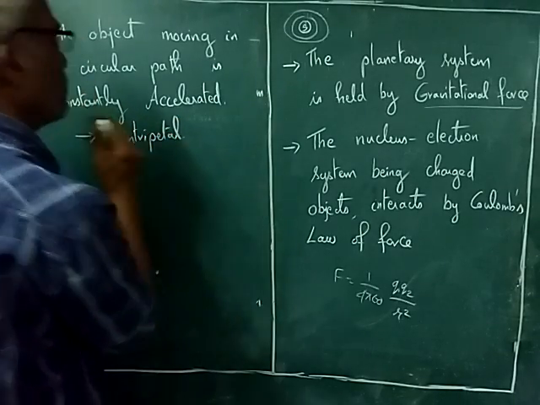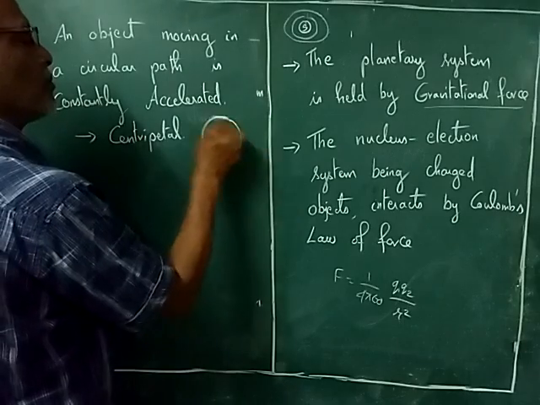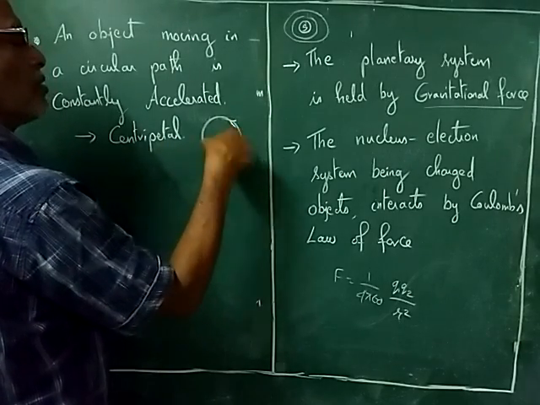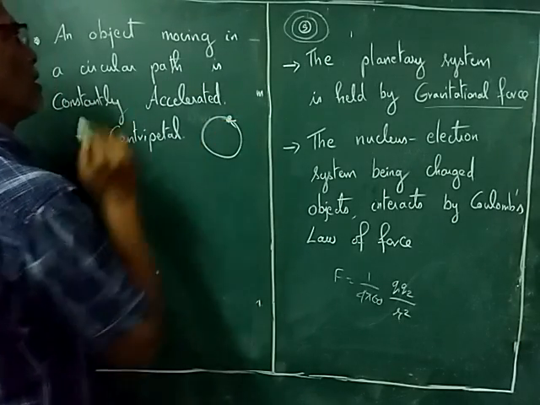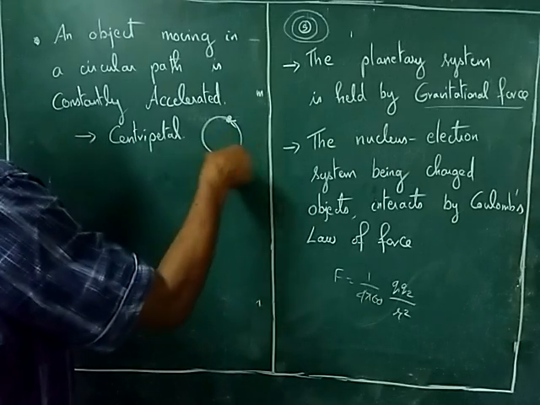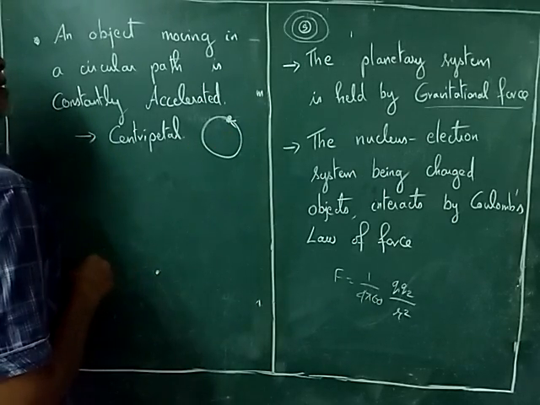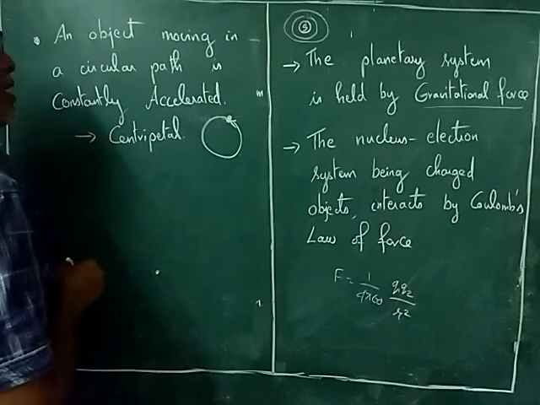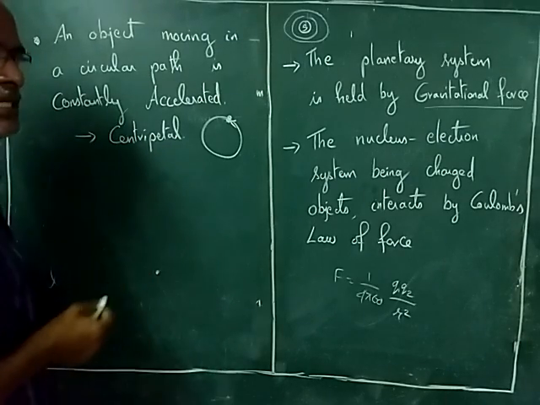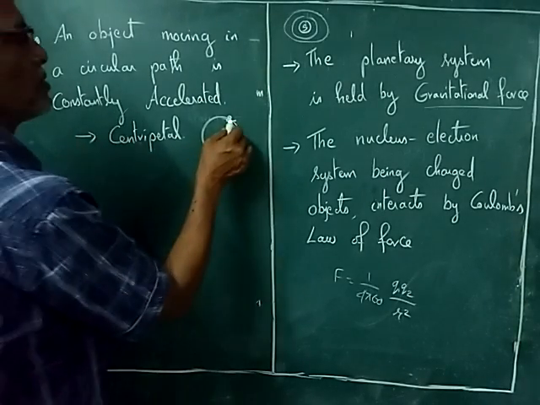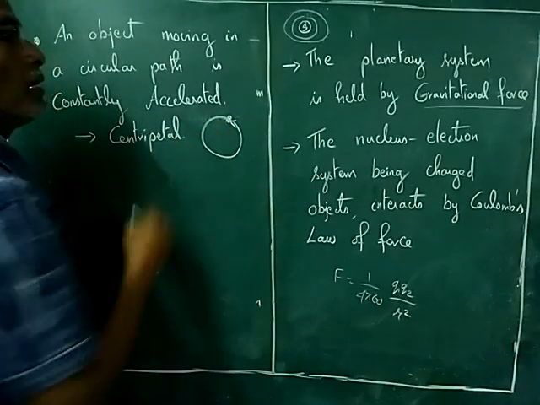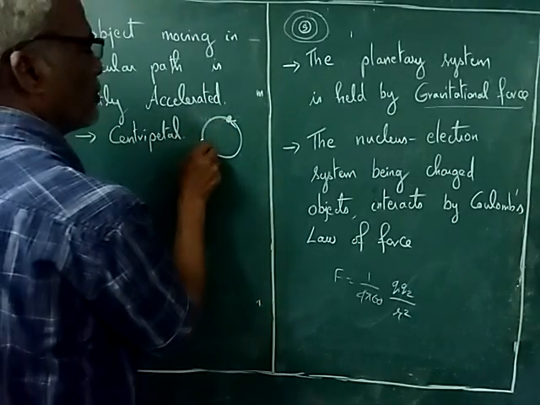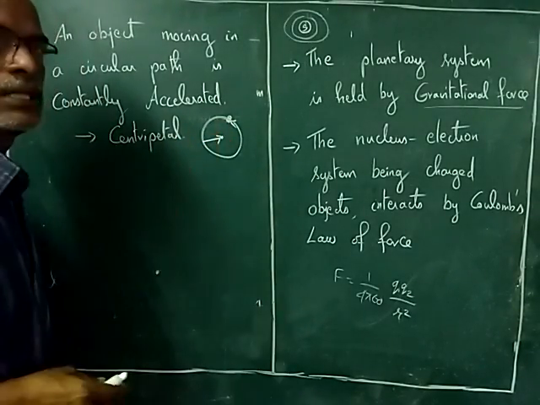Assume anti-clockwise motion: an object moving in a circular path is constantly accelerated, and we can see there is a centripetal acceleration, that is, directed towards the center of the circle.